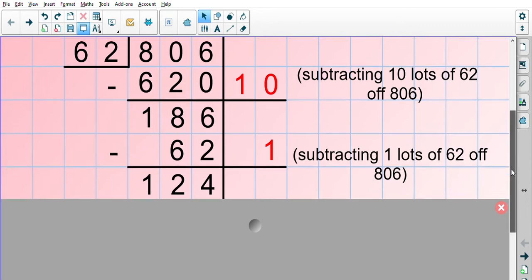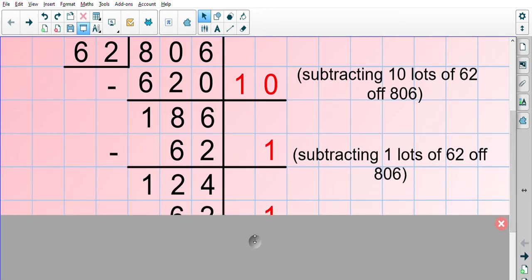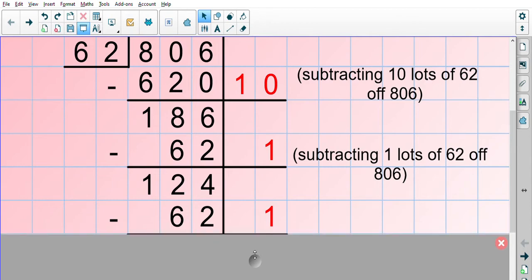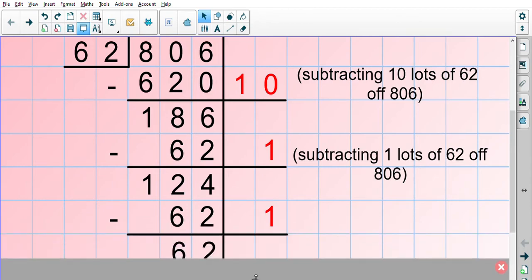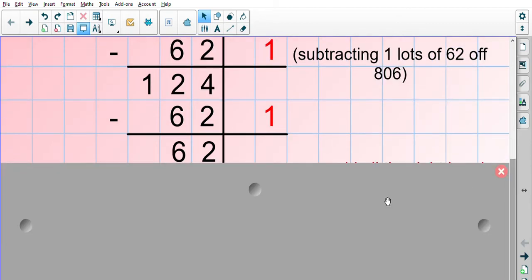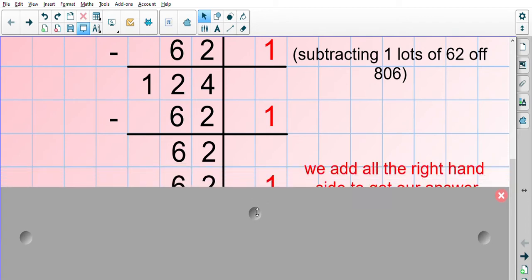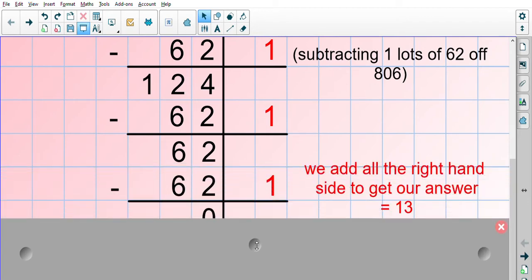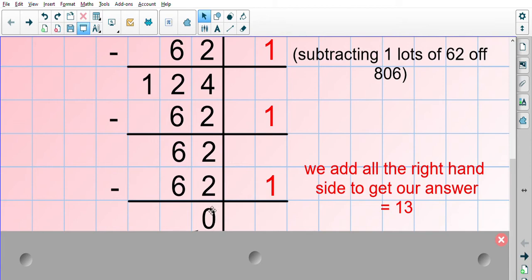I am now going to see if I can take any more. Well, I can, because this number is bigger than 62, so I can take another 62 off. I'm left with 62, which will be nice because it means I'll be able to remove it completely. So I can take another 62 off to finish it off, and I have 0 left.